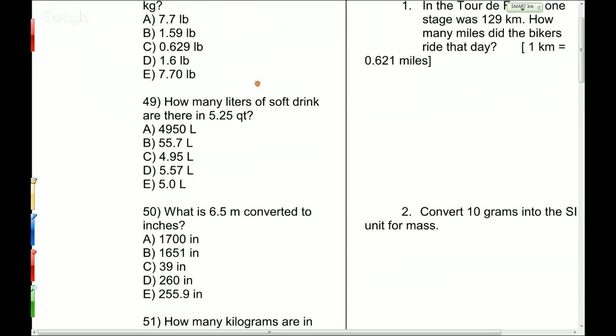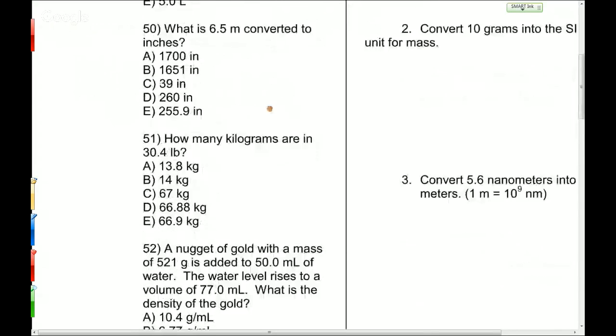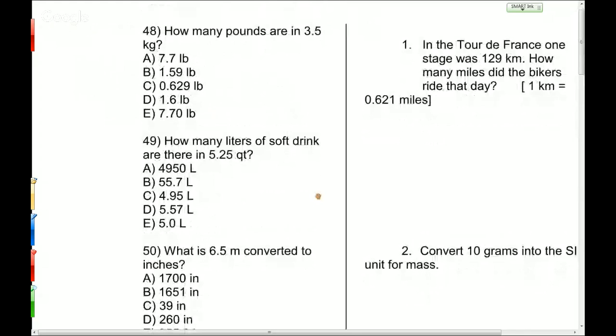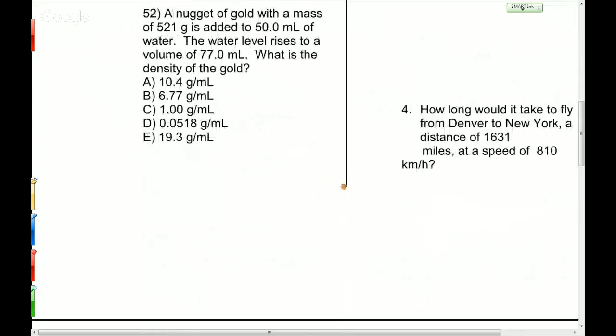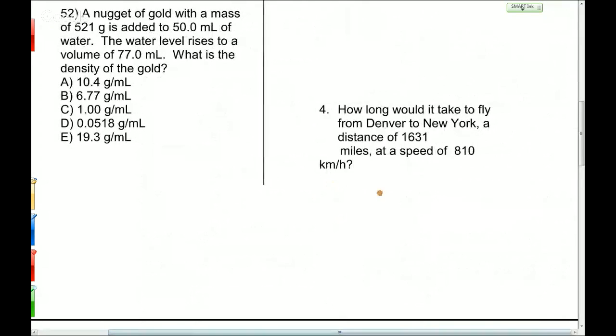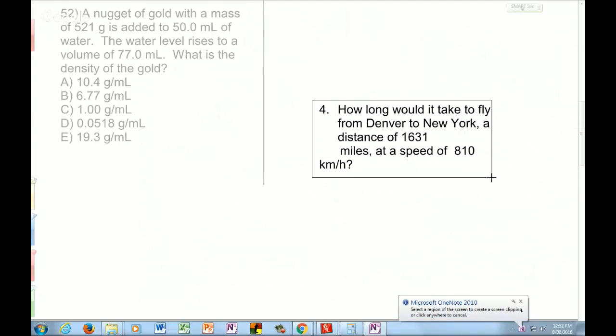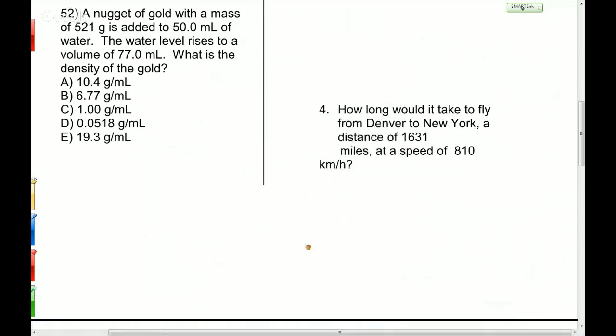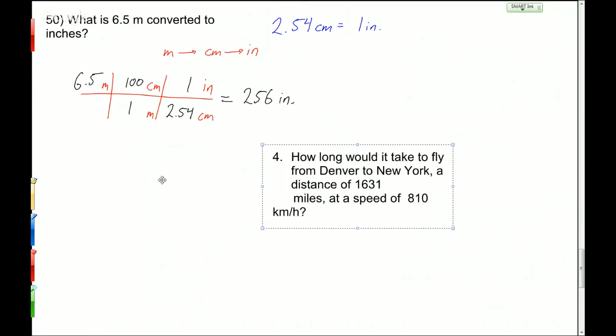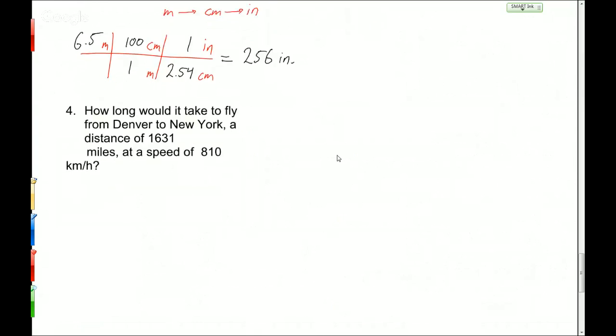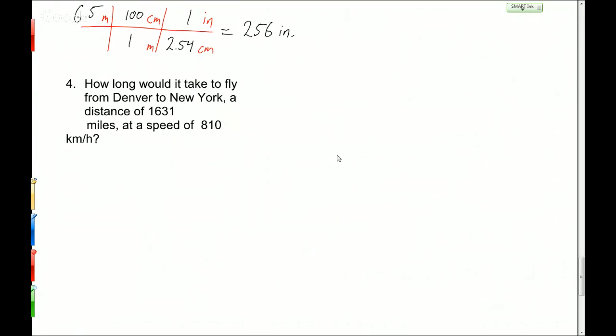All right. Let's try it a little bit different. How long would it take to fly from Denver to New York, distance of 1,631 miles at a speed of 810 kilometers per hour?